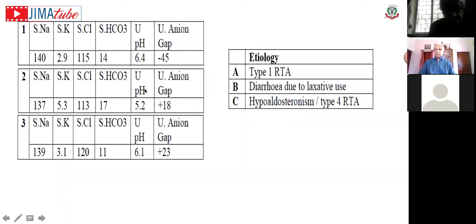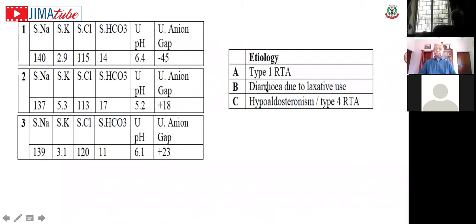Okay. So I think the most important thing here is whether it is positive or negative. As you know, a positive urine anion gap is renal tubular acidosis, or it's normal. So this has to be either type 1 or type 4, that is 2 or 3. Diarrhea has a negative urine anion gap.